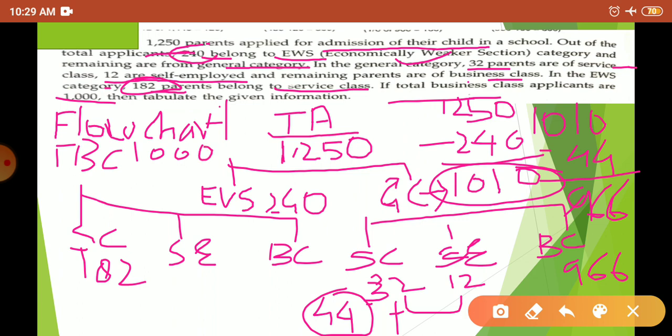Okay students, and how many belong to general category? 966. So when we subtract, we get the number of EWS.